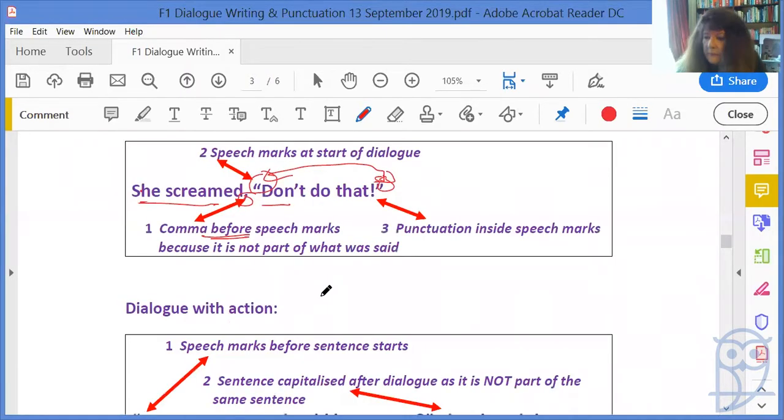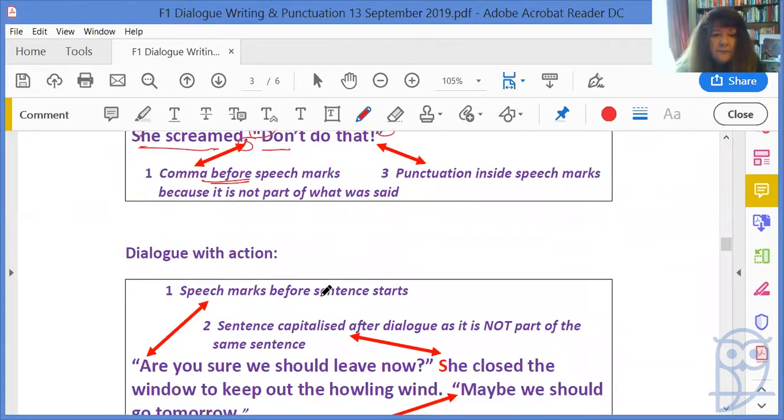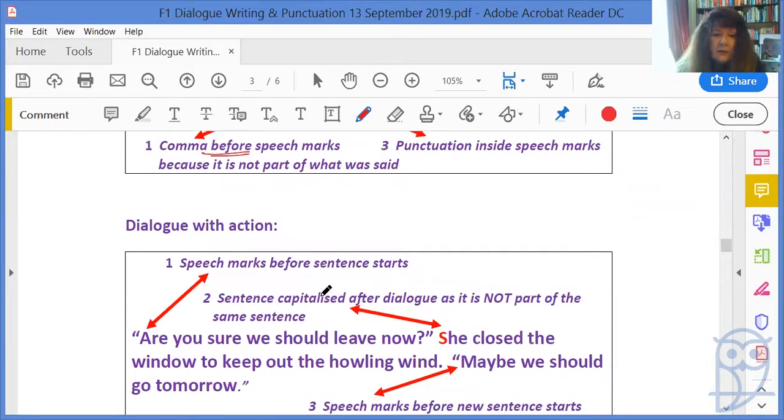Right, dialogue with action. What does that mean? Let's look at this one. "Are you sure we should leave now?" She closed the window to keep out the howling wind. "Maybe we should go tomorrow."